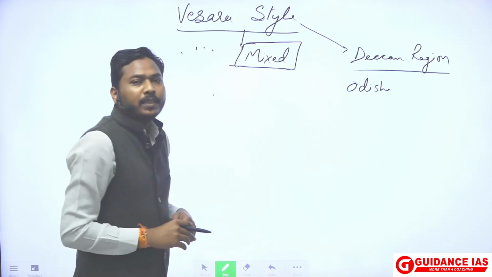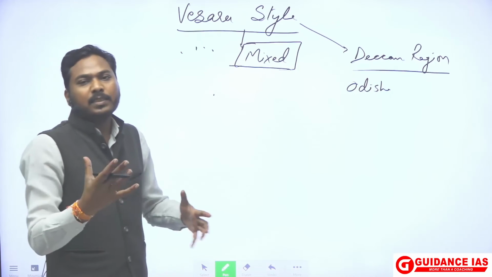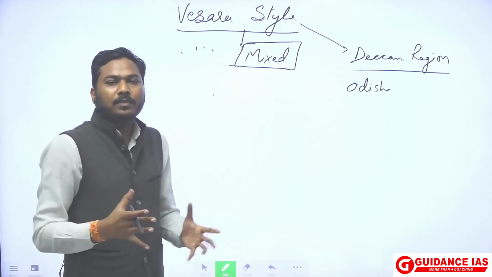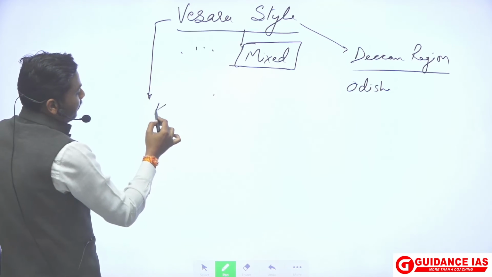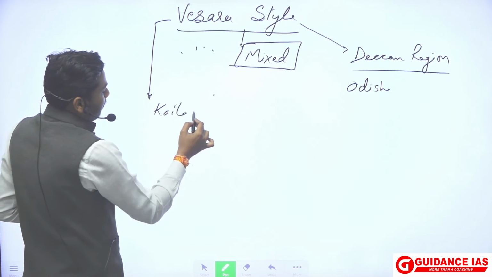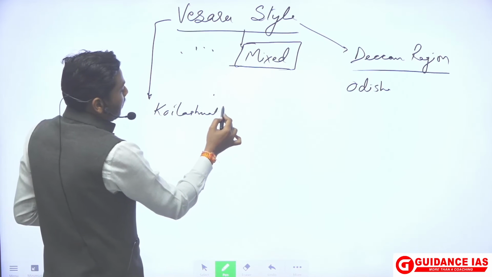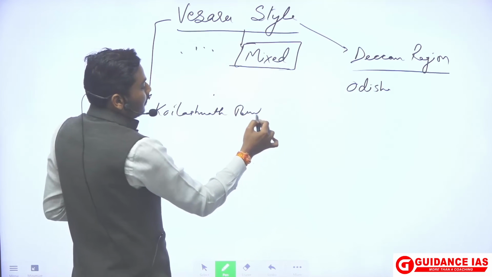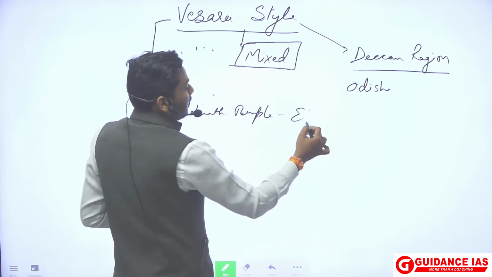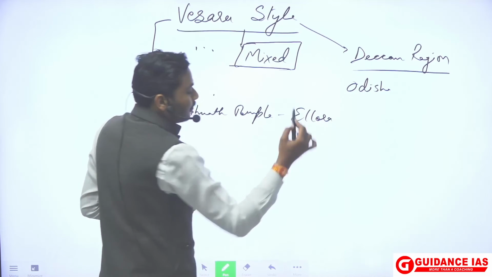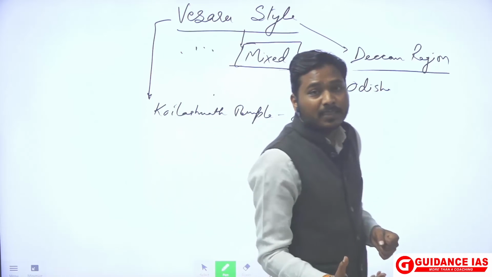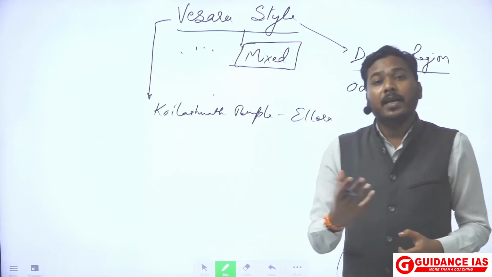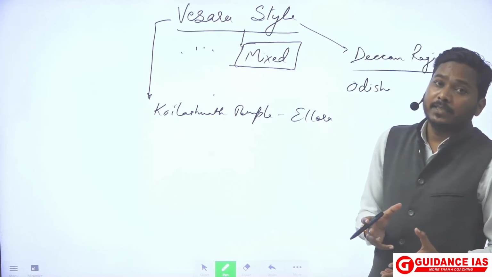Clear? And the greatest example of this mixed style of architecture is the Kailashnath temple at Ellora. This temple comprises characteristics of the Nagar style as well as the Dravidian style. Clear?